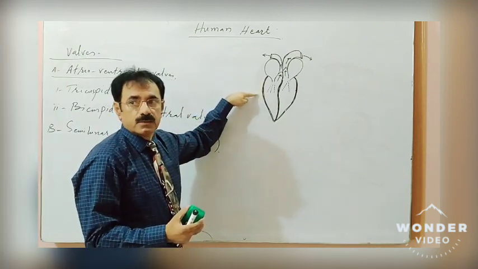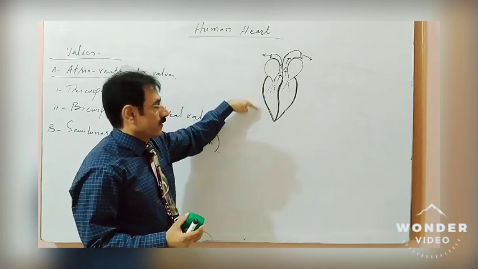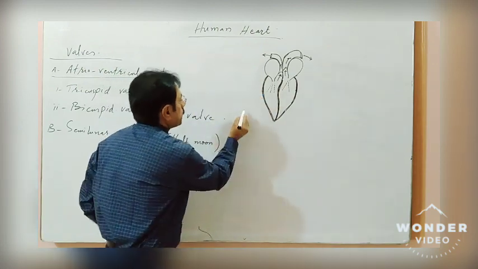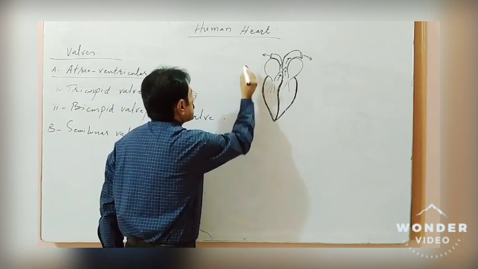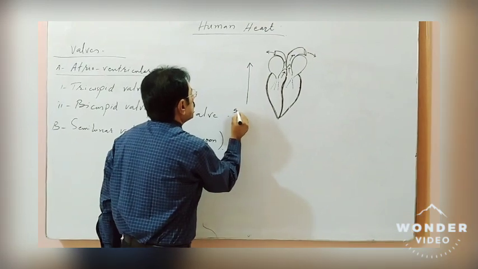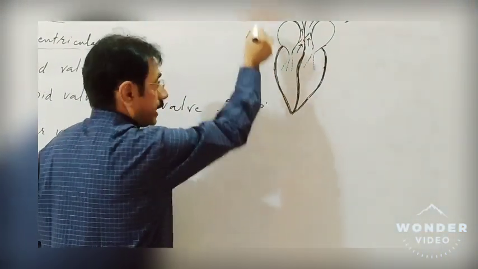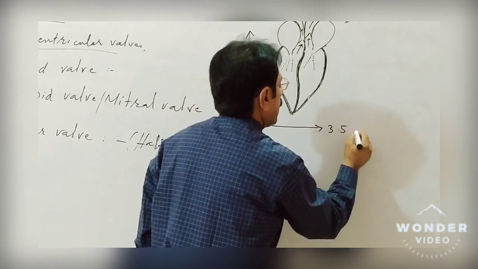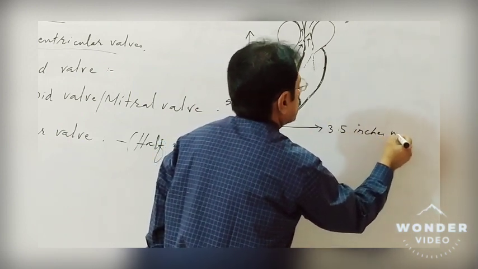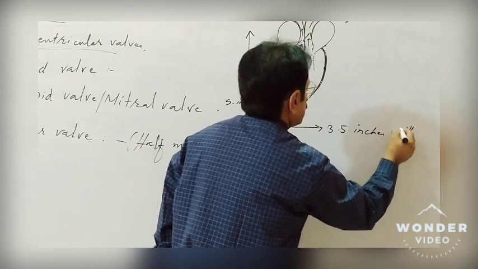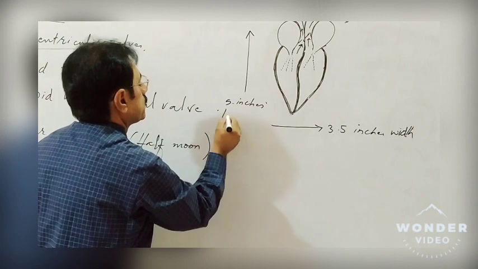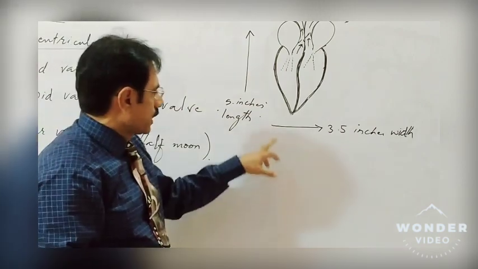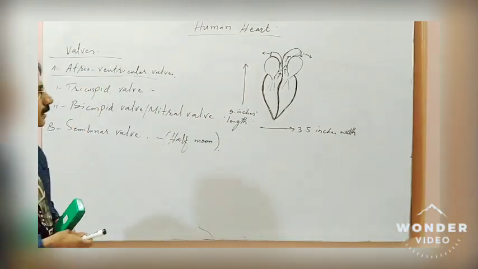The length of the heart is about 5 inches and the width is about 3.5 inches. But the size is variable.